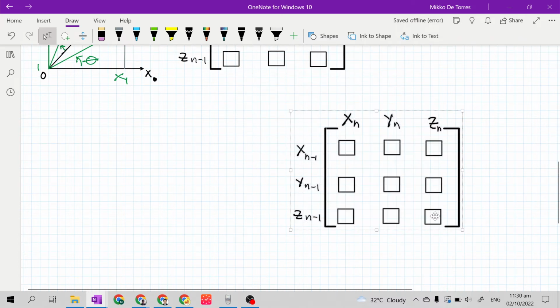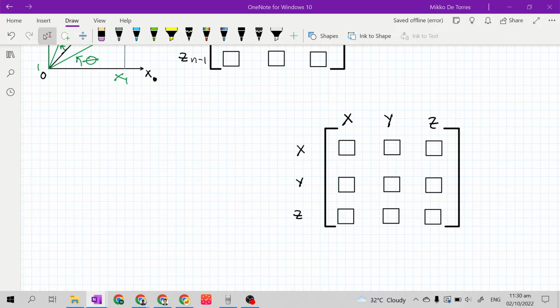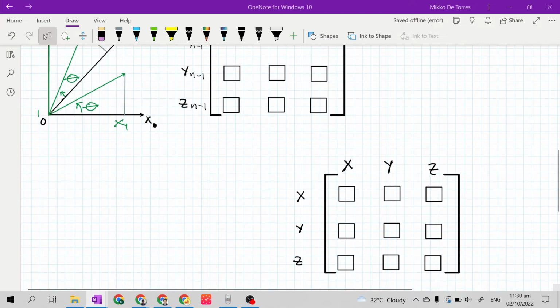We will use this to derive a 3 by 3 matrix. So the x, y, and z at the top are x sub 1, y sub 1, and z sub 1, while the x, y, z at the side are x sub 0, y sub 0, and z sub 0.